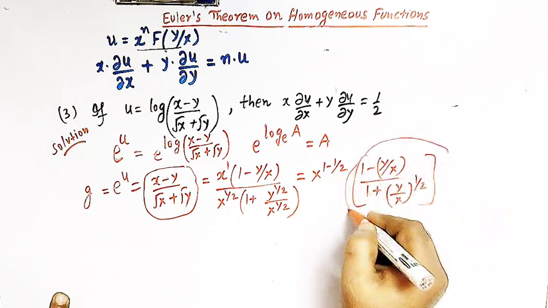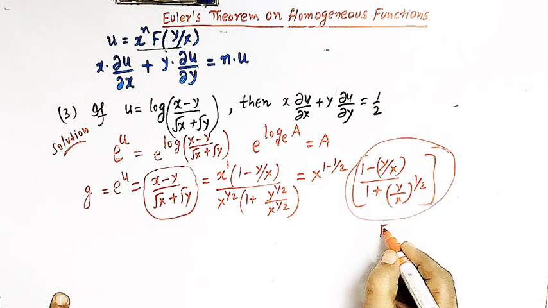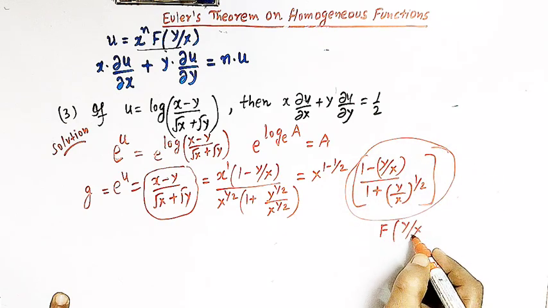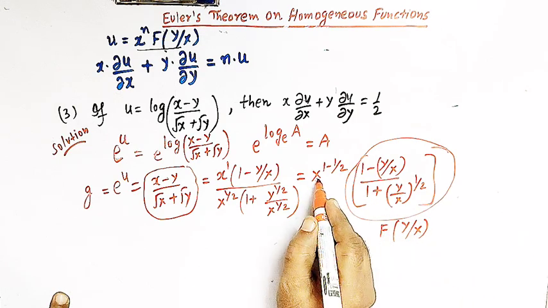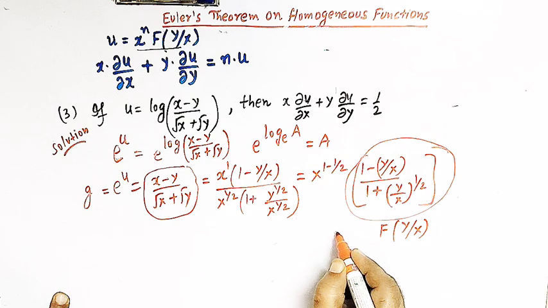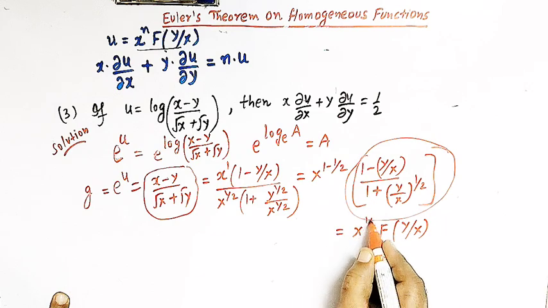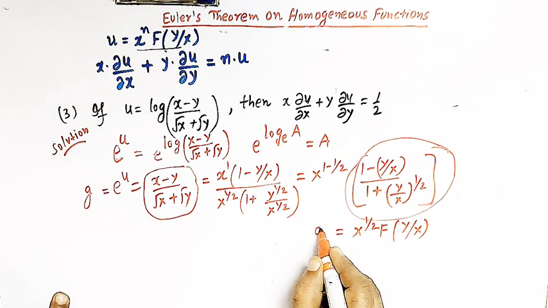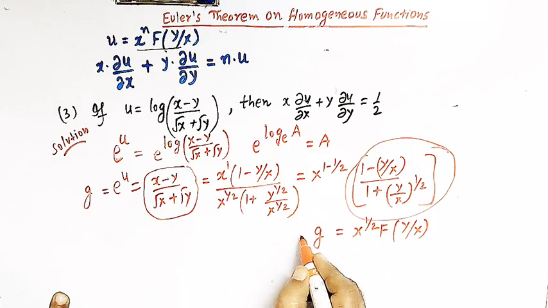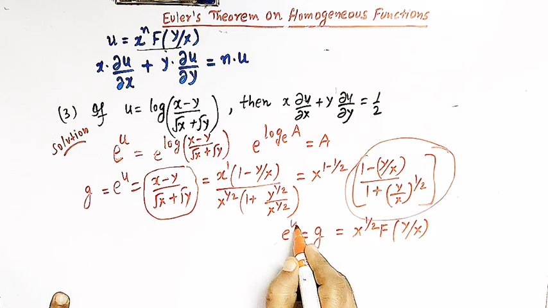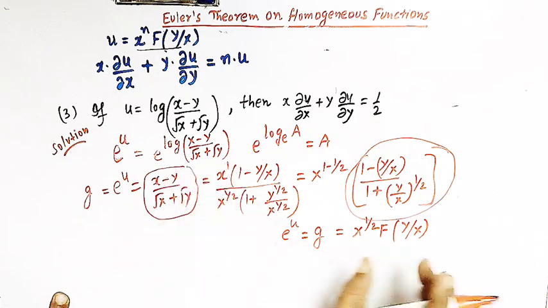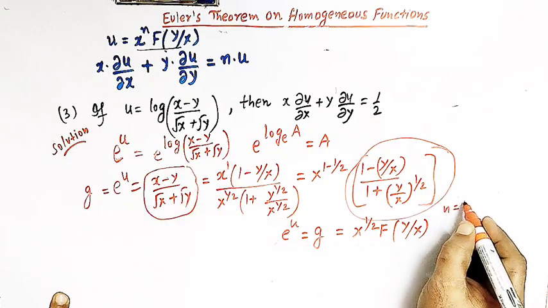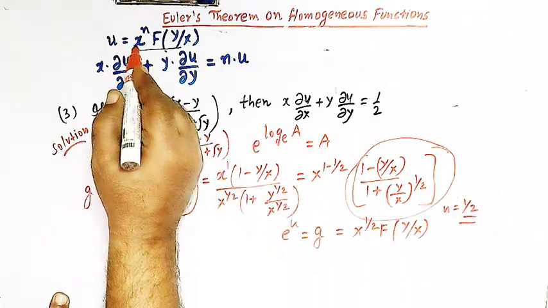Now this is a function in y over x, so let us denote it by f of y over x, and here 1 minus half is x raised to half, right? So our function g, which is equal to e raised to u, is a homogeneous function of degree half, that is n is equal to half.